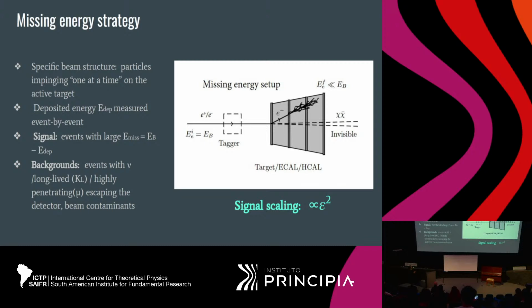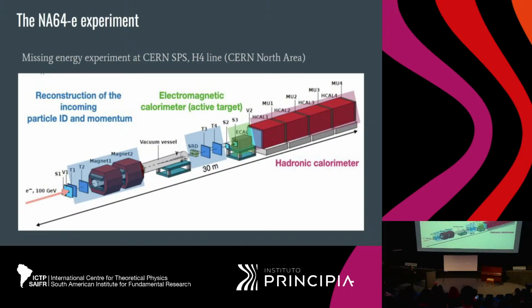We also produce hadrons and other penetrating particles, but you may also have contaminants in the beam. If you think that this particle is an electron and instead it is a hadron, the hadron may interact inside the detector, maybe producing some meson decaying to neutrinos, and then your neutrinos fly away, bringing away a lot of energy, and again this mimics your signal.